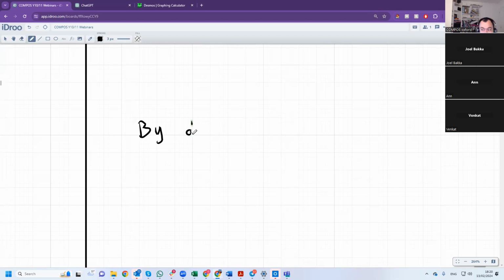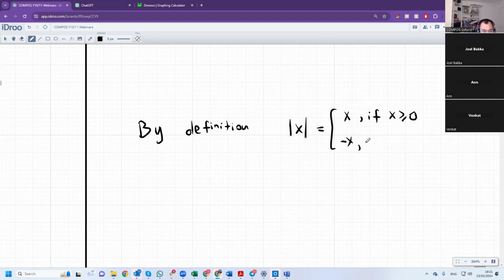By definition, modulus x is equal to x if x is greater or equal to 0, and minus x if x is less than 0.